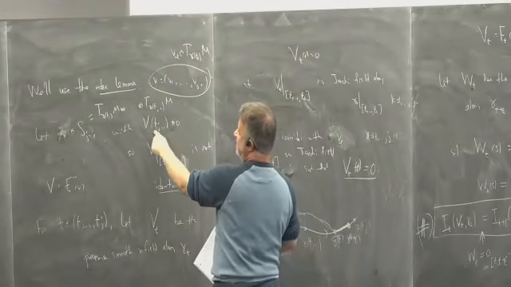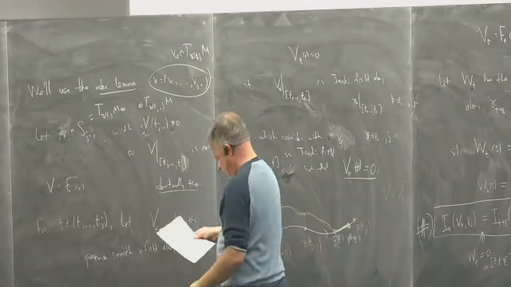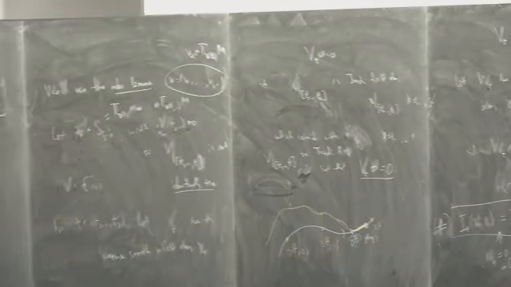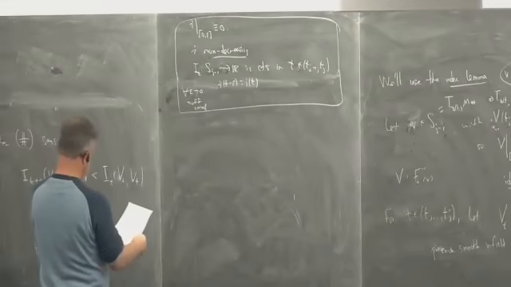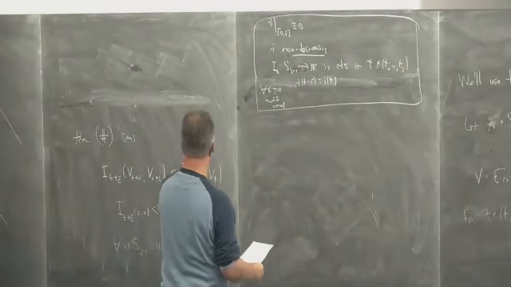That's what this means. This is V sub j-1. But I'm a little confused by what I've written here. So let's see how it goes. Okay, no, this is fine.